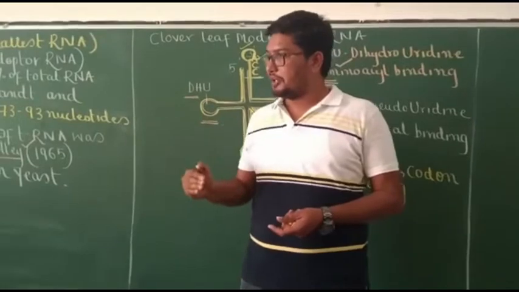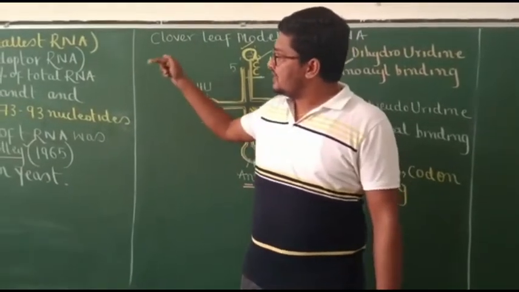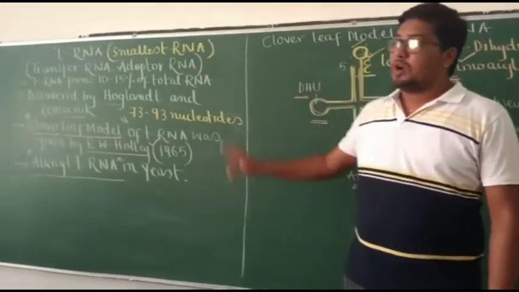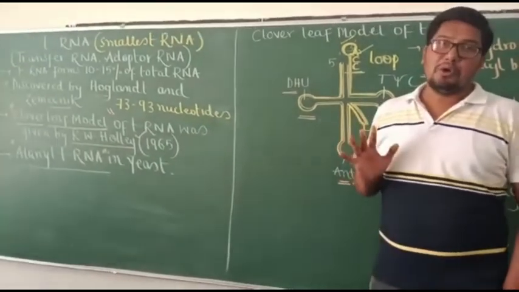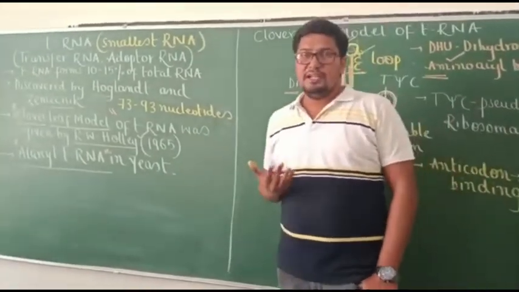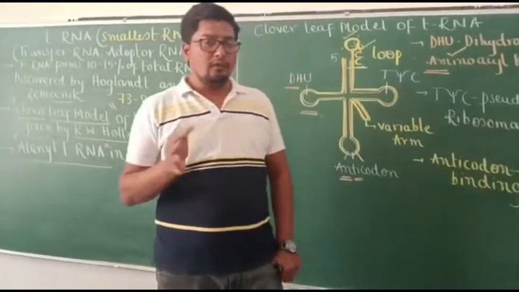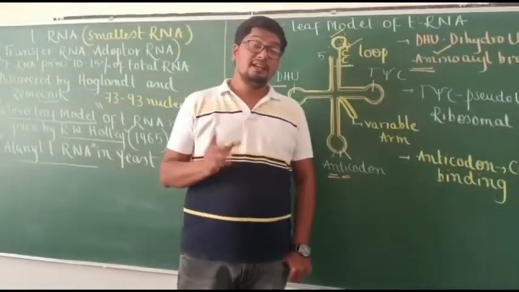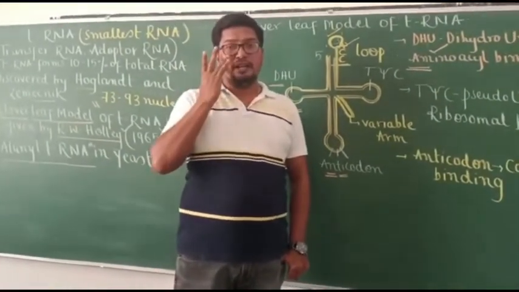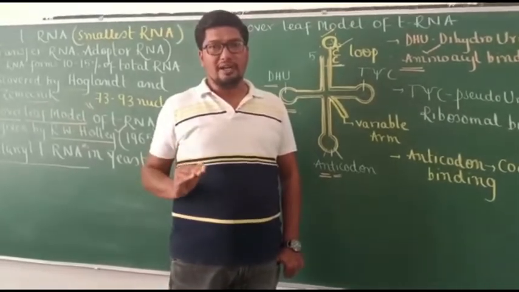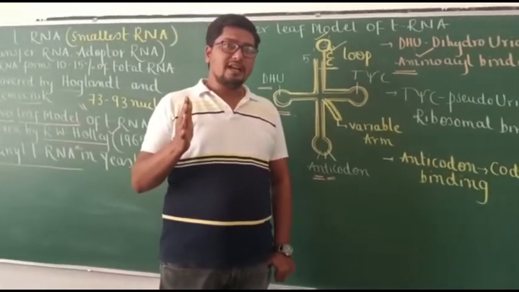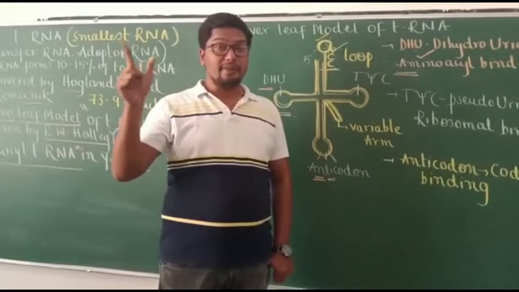So let me repeat. This class is related to what? Structure of the tRNA molecule. I already told you, T stands for transfer. What are other names for tRNA? It is called soluble RNA. It is also called adapter RNA. Who discovered tRNA? Hoagland and Zamecnik.